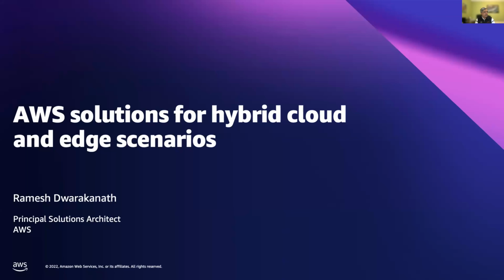So today, as Ron was mentioning, what I want to talk about is what are the reasons why we want to create a hybrid architecture? What are the typical challenges that companies face that require a hybrid architecture? Then we go into what is the AWS approach to architecting a hybrid or an edge workload, right?